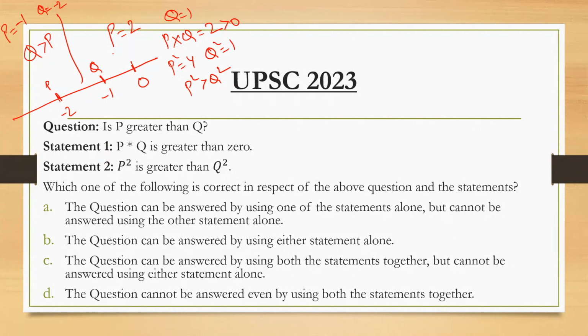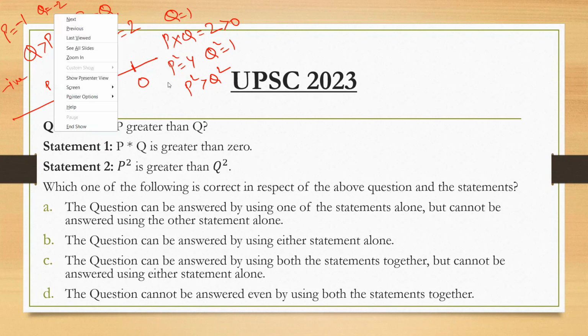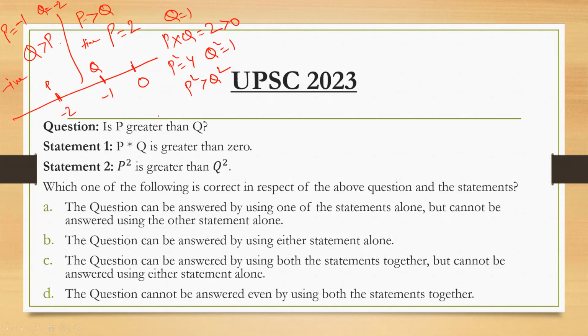But here, what do we find? In this scenario, when I take positive values of P and Q, I find P is greater than Q. In negative numbers, I'm getting Q is greater than P. In positive numbers, I'm getting P is greater than Q. The question is, is P greater than Q?